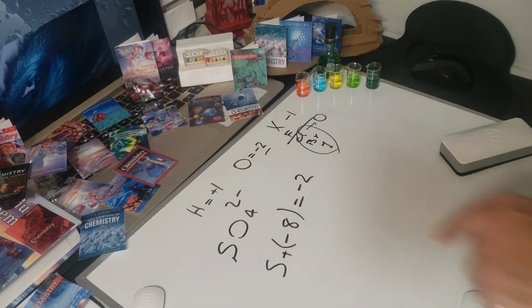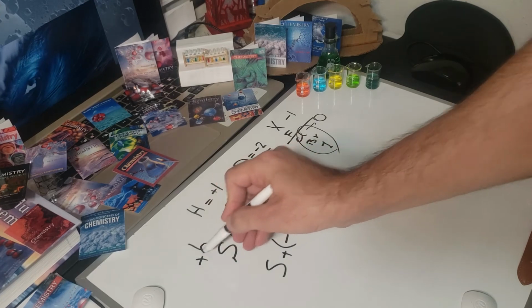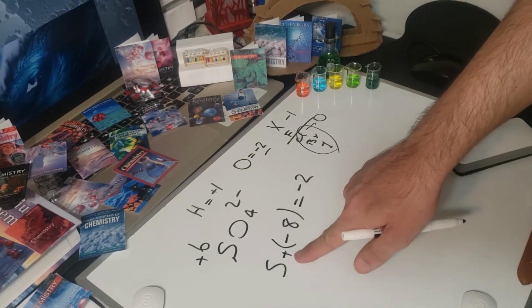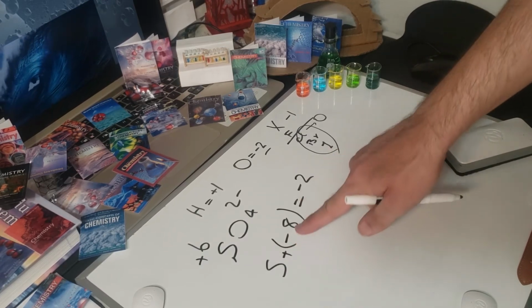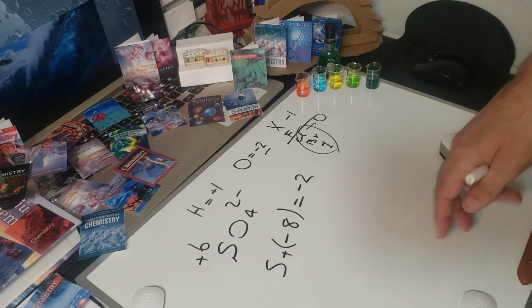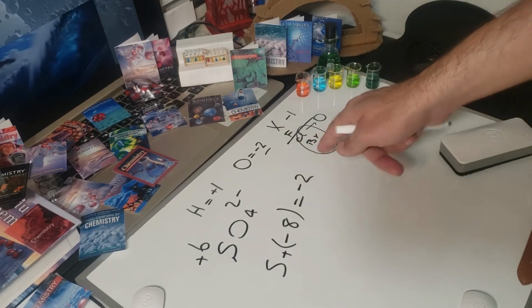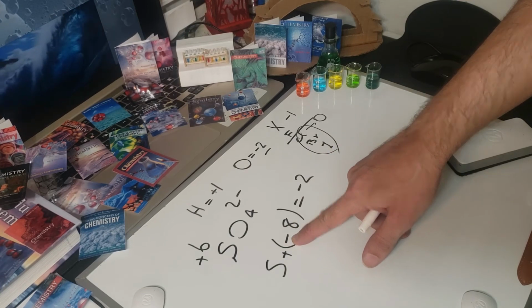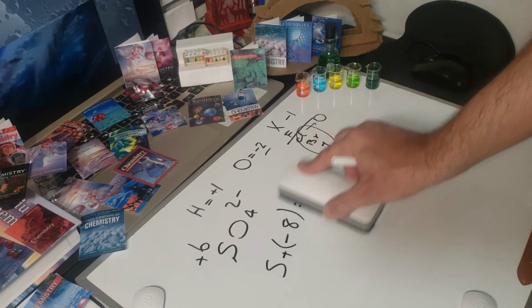I could find the oxidation state of S to be +6, because if you move that to the other side, it's just subtraction and addition, so it will change sign. It won't go in the denominator because it's addition and subtraction. So if you move this 8 to the other side, instead of -8 it would be +8, and you would get +6 for S.